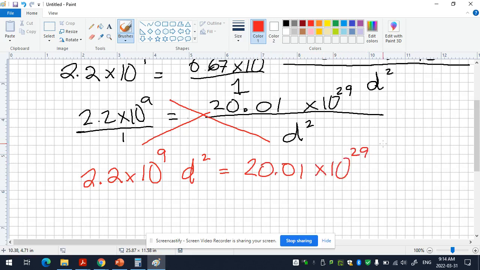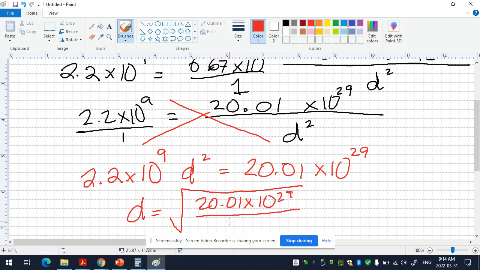All right, 20.01 times 10 to the 29. What do I do now? I divide first, and then I take the square root. Yes. So D in one shot is 20.01 times 10 to the 29, all divided by 2.2 times 10 to the 9, because I need to get only the distance.